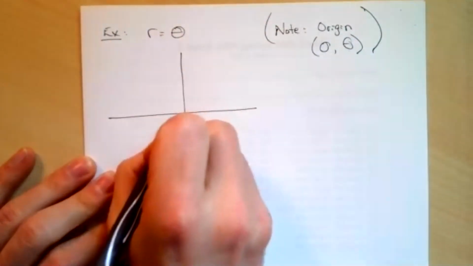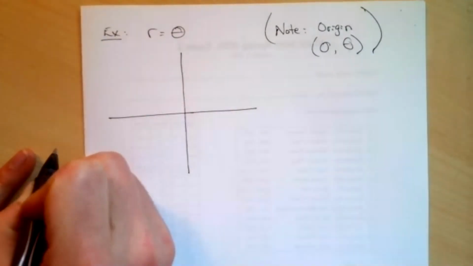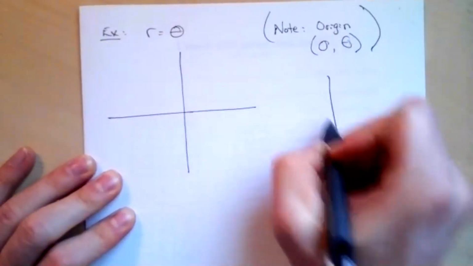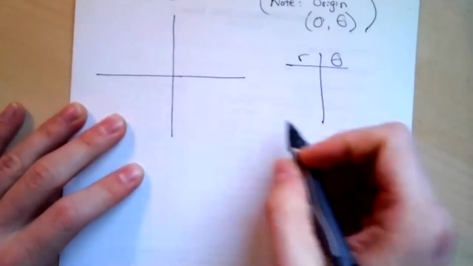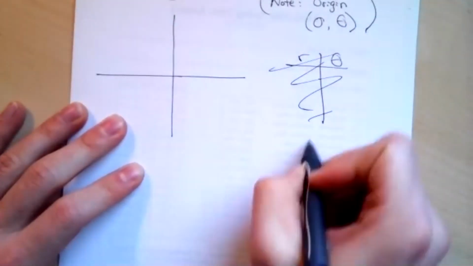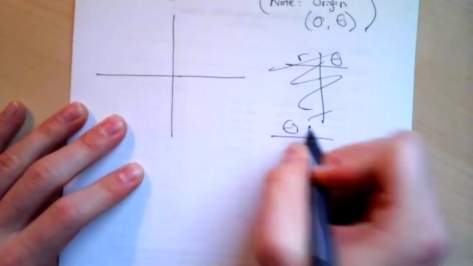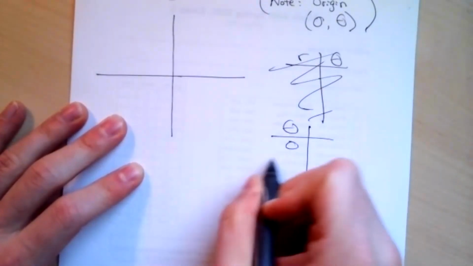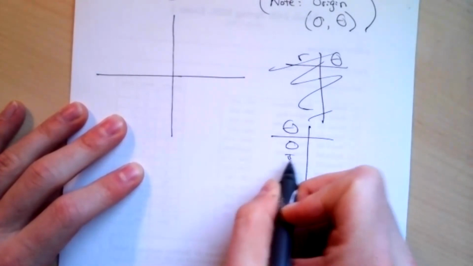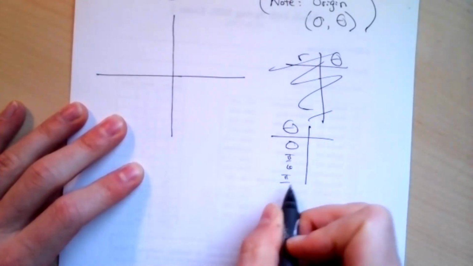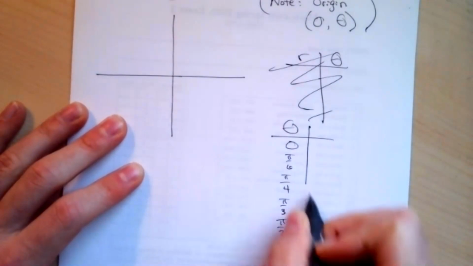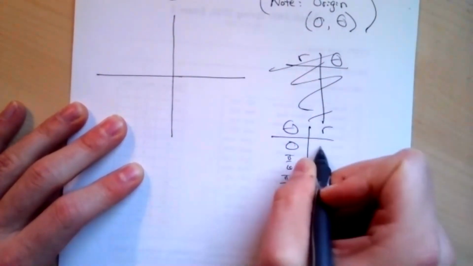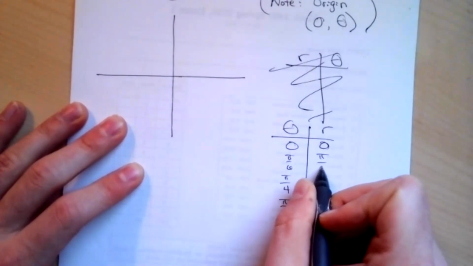We start at, we're kind of facing in the positive x direction. However, maybe I drew this backwards. Since theta is our independent variable, let's put it here on the left. And let's pick some common values of theta. Since r is equal to that, we're going to have those exact values.